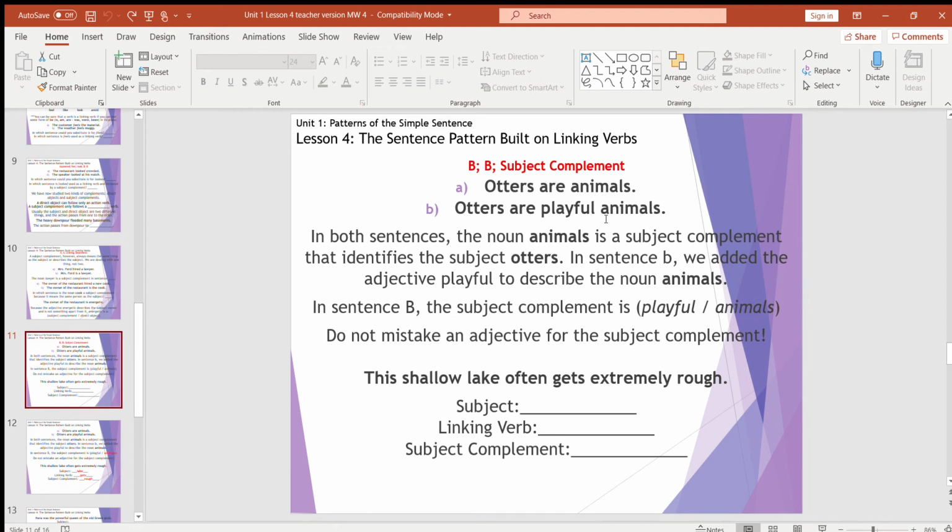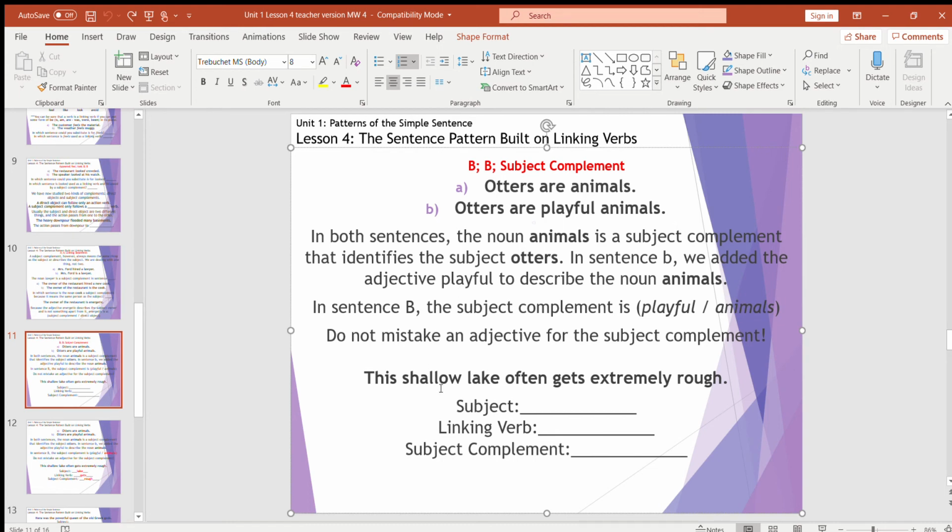I hope you said animals because animals are otters, otters are animals. But otters are playful, playful are otters. Not necessarily the case because there's that noun there. This adjective connects to that noun. Adjectives will always connect to a certain noun or pronoun, but we'll talk about that more next week.